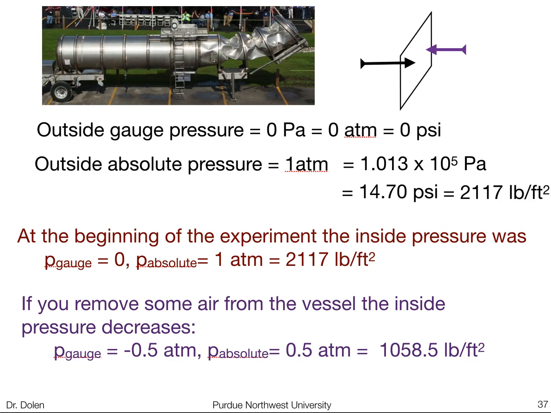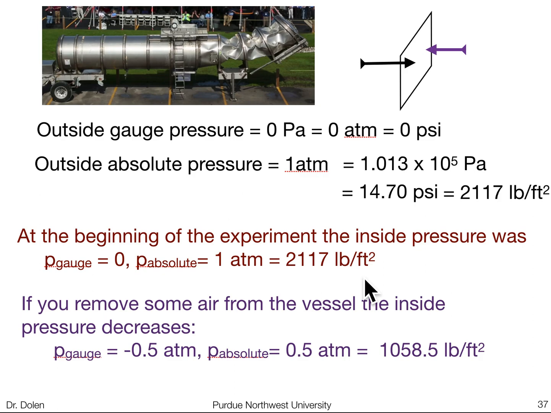Okay. At the beginning of the experiment, the pressure inside the pressure vessel is also 1 atmosphere, right, or 2,000 pounds per square foot. But say let's remove some air from inside the vessel. If we decrease the pressure inside the vessel to half an atmosphere, now the pressure inside the vessel is only 1,000 pounds per square foot, where the pressure outside is still 2,000 pounds per square foot.